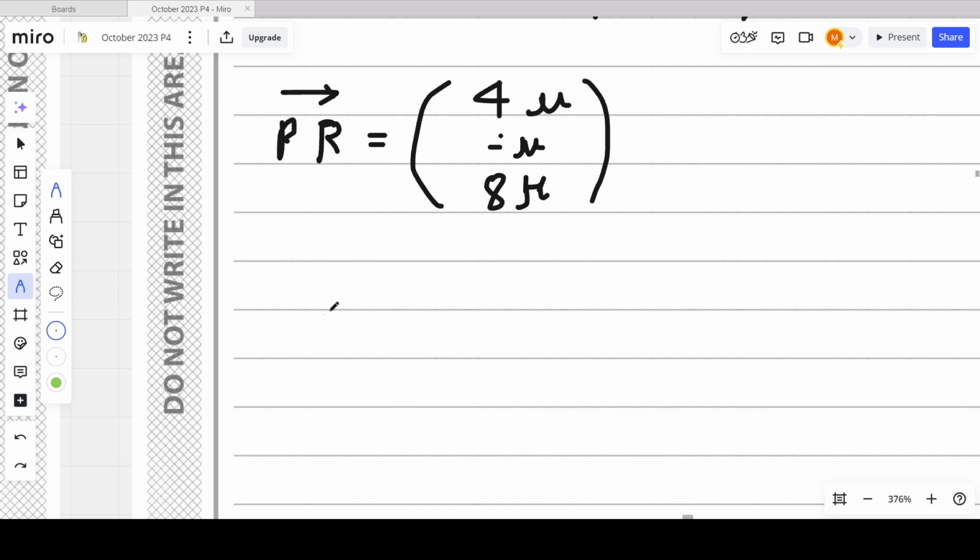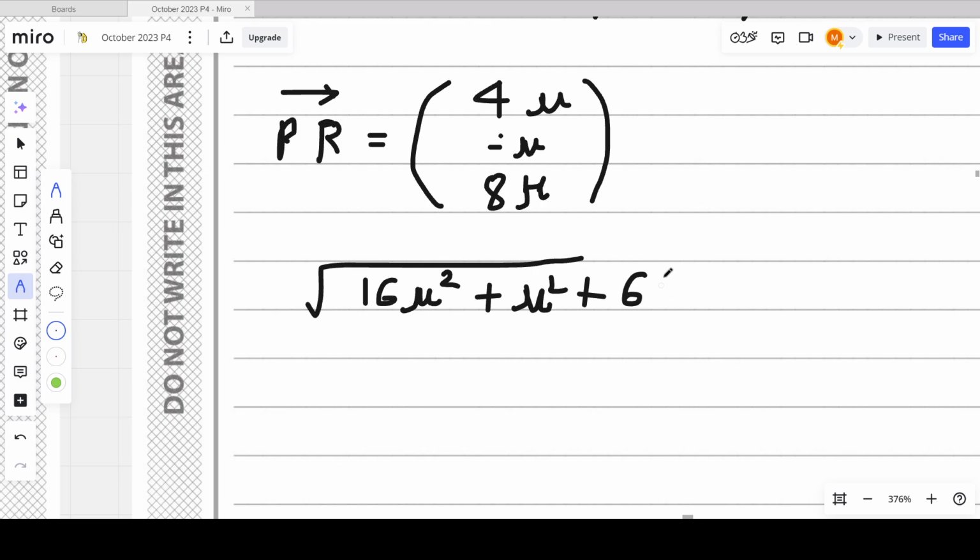So consider the distance. The modulus of PR is the square root of 16 mu squared plus mu squared plus 64 mu squared.